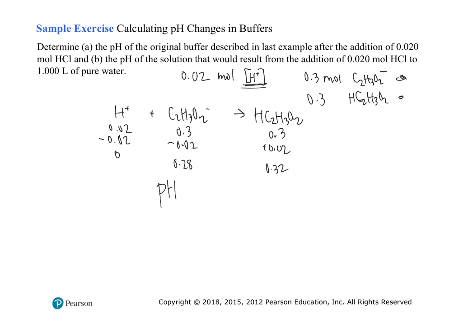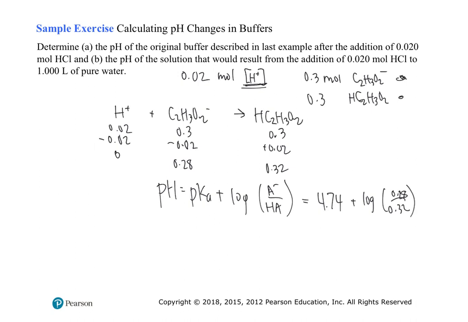So I could do pH equals pKa plus log of the base over the acid, A minus over HA. That will equal 4.74, my pKa of acetic acid, plus log of my base, 0.28, over my acid, 0.32. So I end up getting 4.68. So barely a shift.